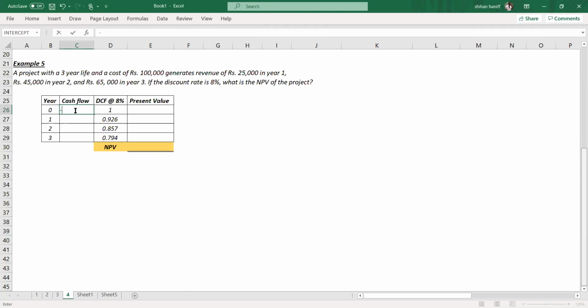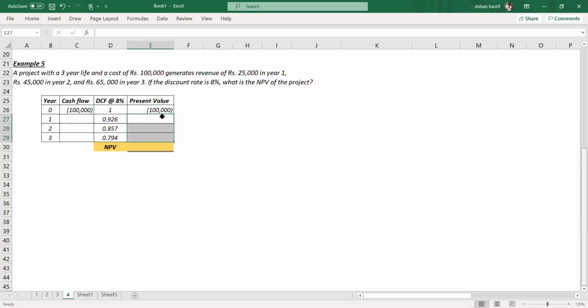Cash flow is initially minus 100,000. That's the initial investment. Positive means NPV positive means if you invest 100,000, your return is more than 100,000.